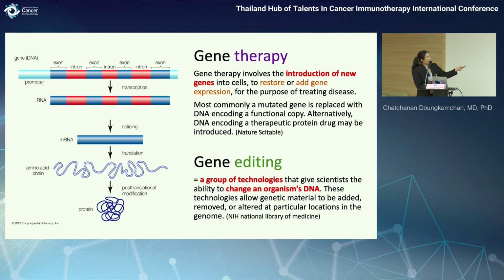So the DNA sends out the coding information through the mRNA and then gets translated to become the protein. So whenever we think about gene therapy and gene editing, we might want to keep in mind that it's just the beginning of the process. We have to keep in mind what protein we get in the final process.